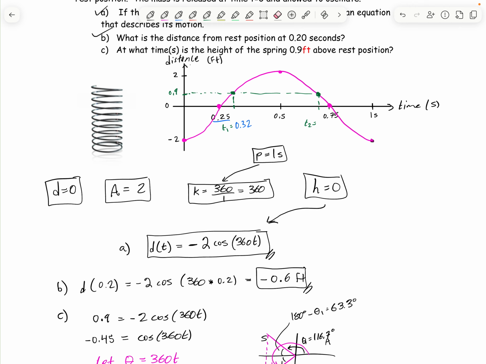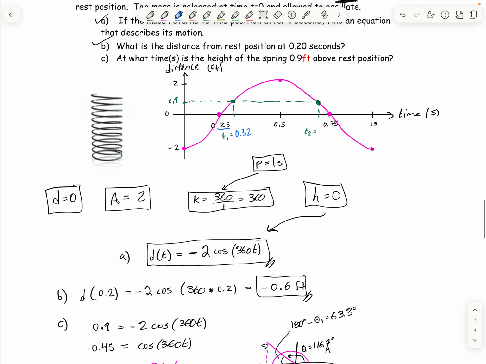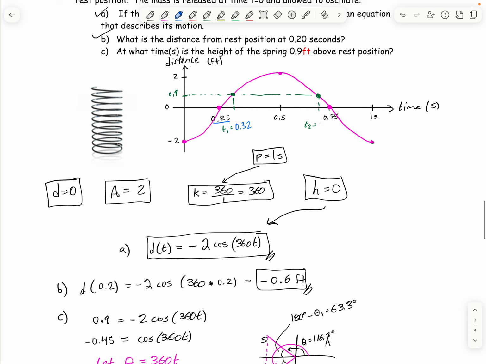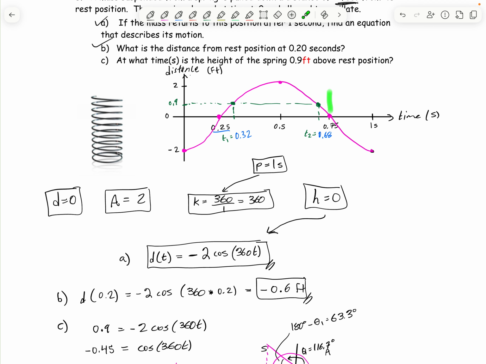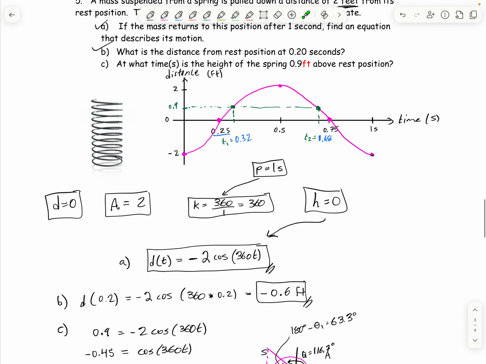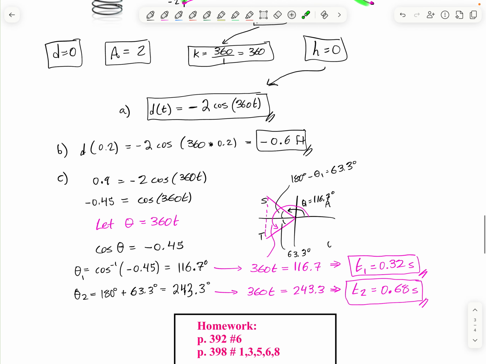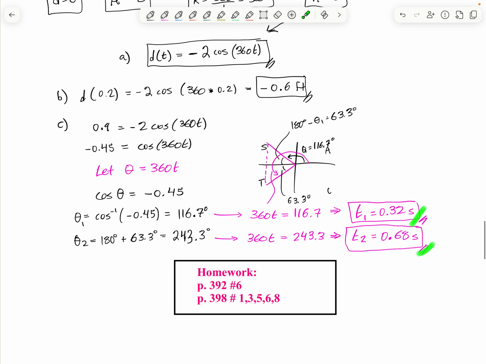And then t2, the second time it occurs, is at 0.68. This is why a sketch is helpful, because we get a quick judgment check, and it does make sense. It's less than 0.75 as per this graph, within the first cycle, right? This is all for the first cycle, so we just leave our answers as such.